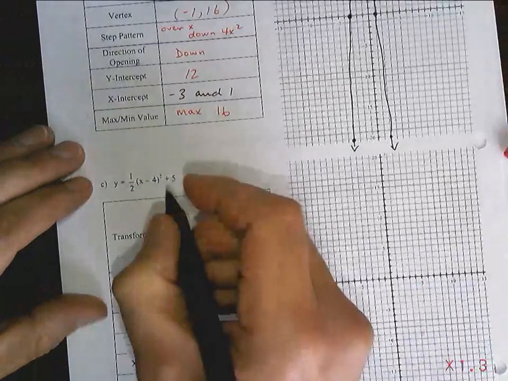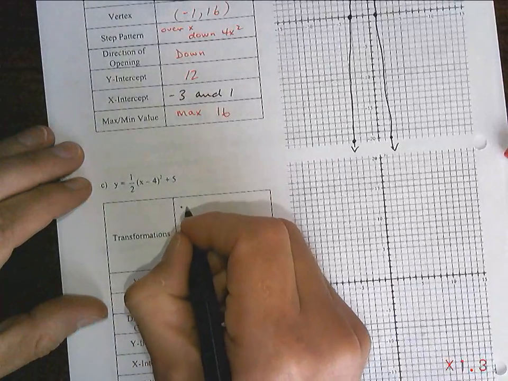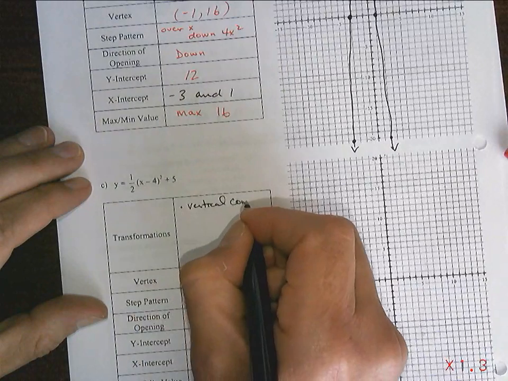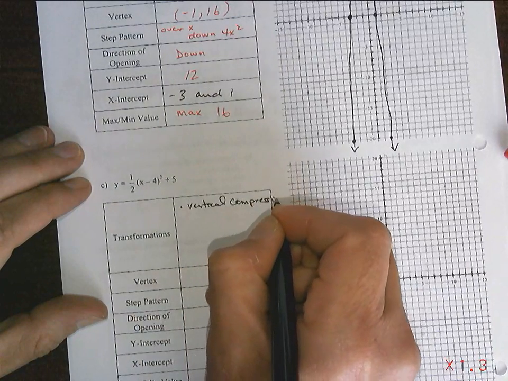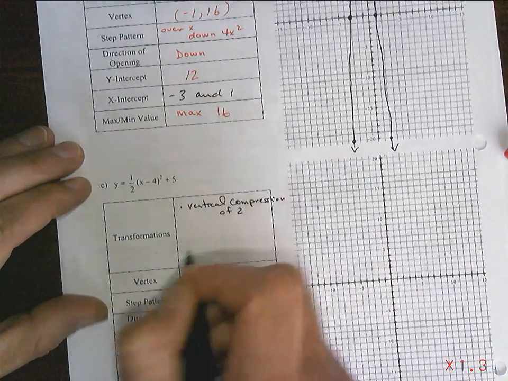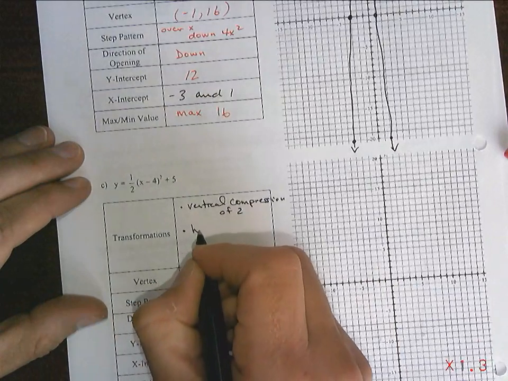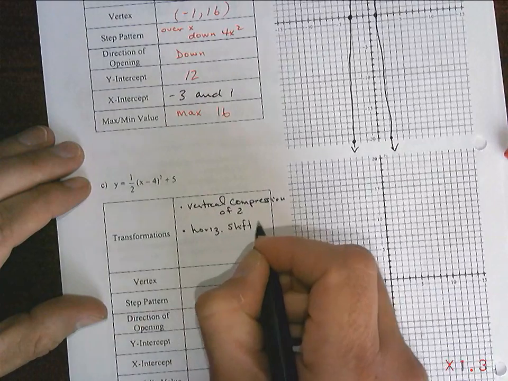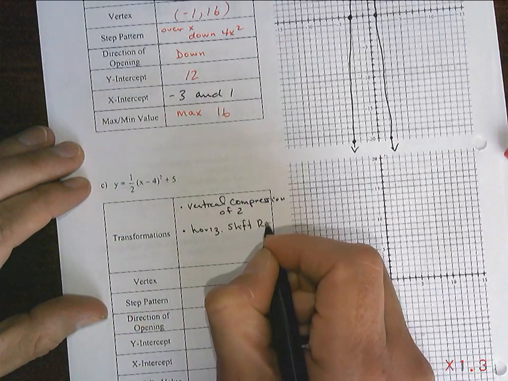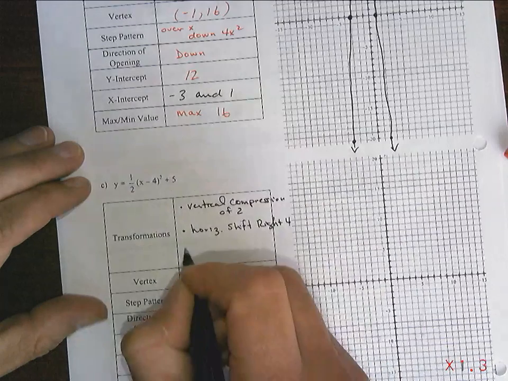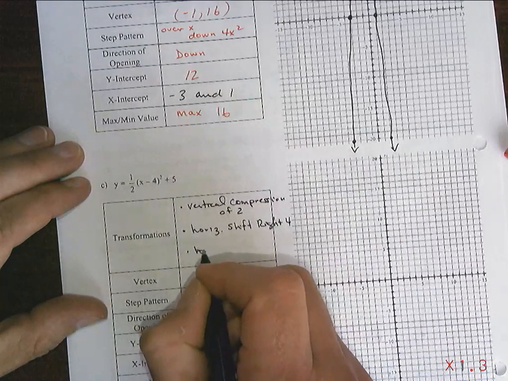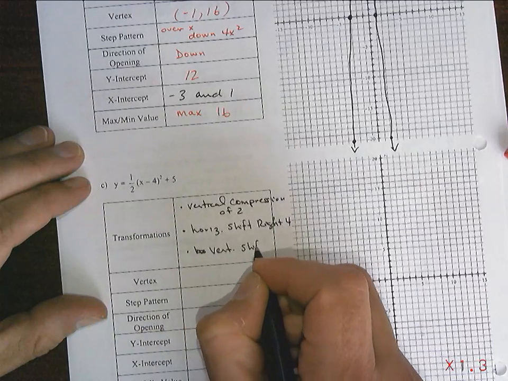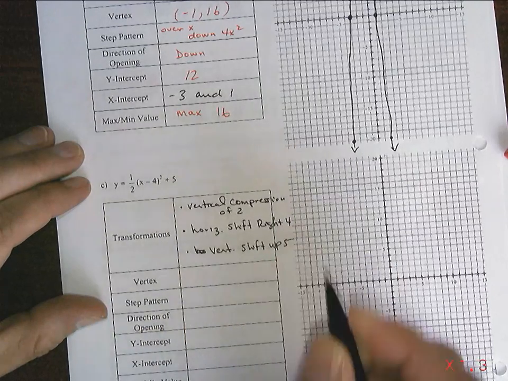So the transformations. We have a vertical compression of 2. You have a horizontal shift right 4, and you have a vertical shift up 5.